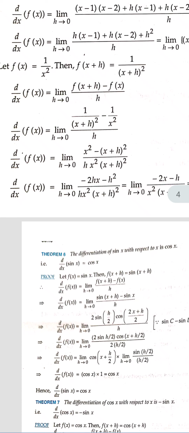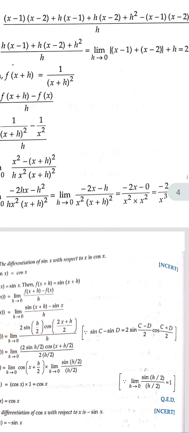After solving, we get minus 2hx minus h square. Take h common and cancel with the h in the denominator. We get minus 2x minus h upon x square (x plus h) whole square. Now we put h is equal to 0. We get the solution, that is minus 2 upon x cube, as the derivative of 1 upon x square.